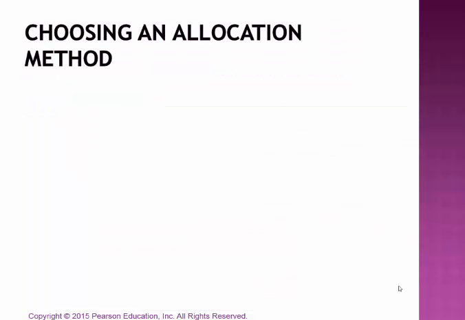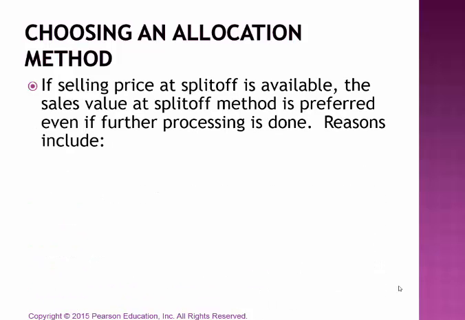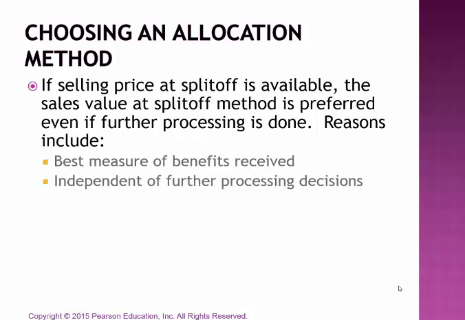Alright, so choosing an allocation method. If selling price at split off is available, like I mentioned earlier, the sales value at split off method is the preferred method, even if further processing is done. So if we can come up with a selling price at the split off, let's use the sales value at split off method, because it is the best measure of benefits received at that split off point.